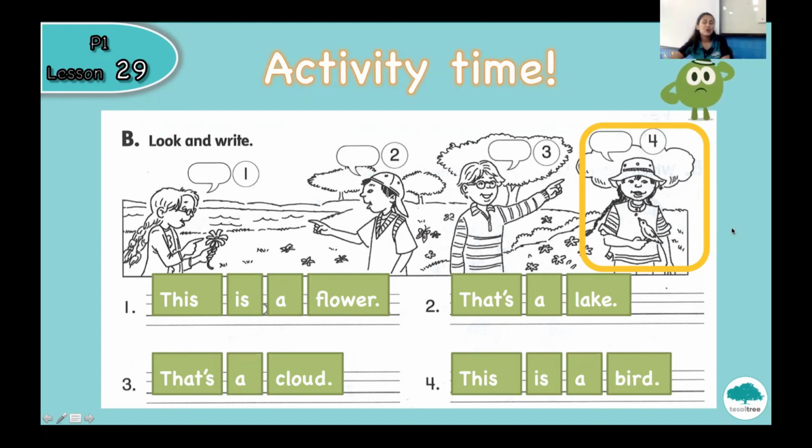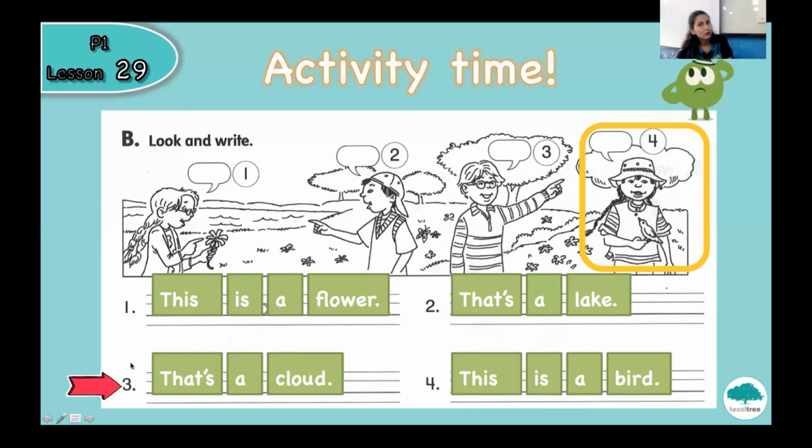But now let's read all our sentences together. Sentence number 1. This is a flower. Let's repeat. This is a flower. Number 2. That's a lake. Together, that's a lake. Nice. Number 3.